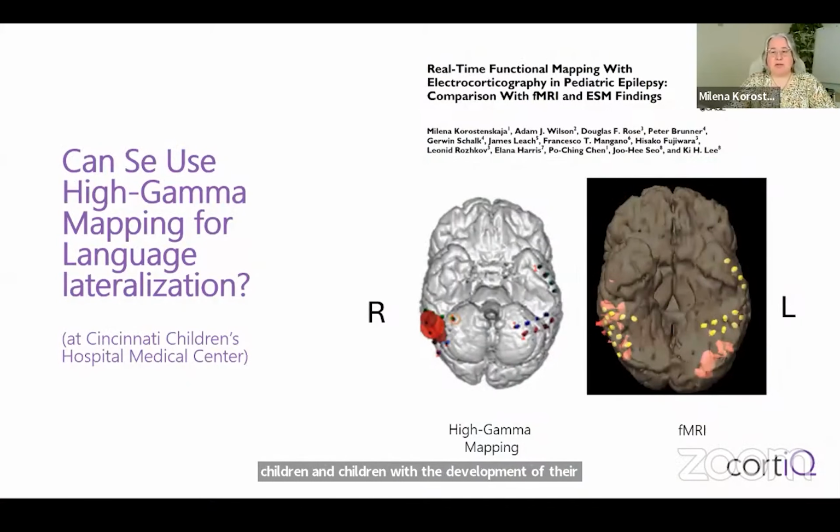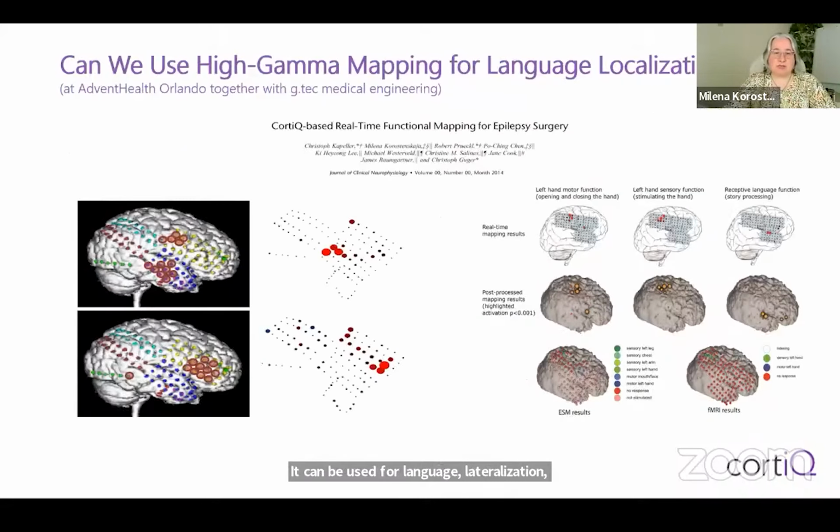So the question is, now we know high gamma mapping can be used for language lateralization. This is our first study, Cincinnati Children's Hospital. This is the validation, the work that we did together with g.tec. So we can localize language fairly accurately.